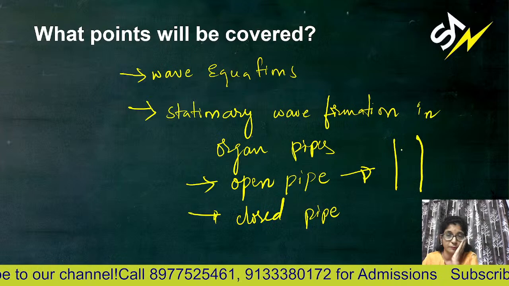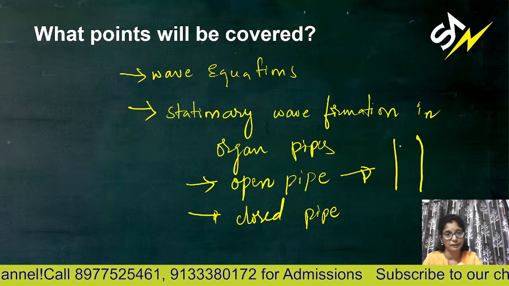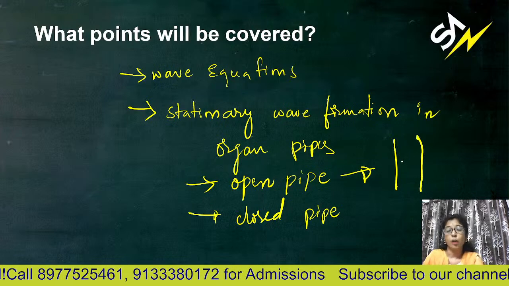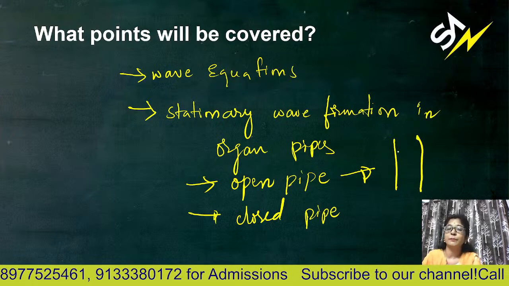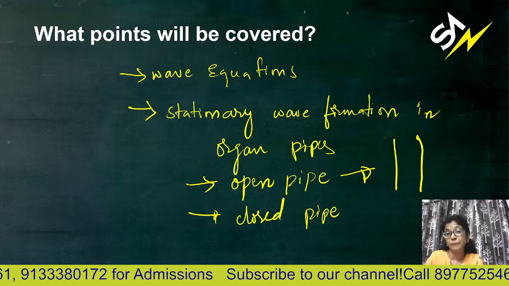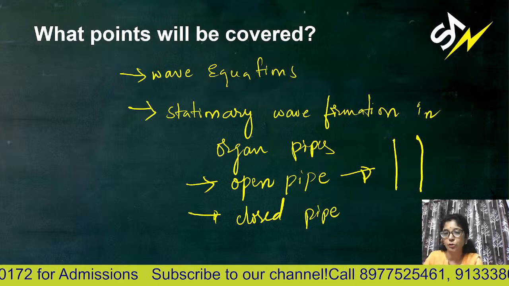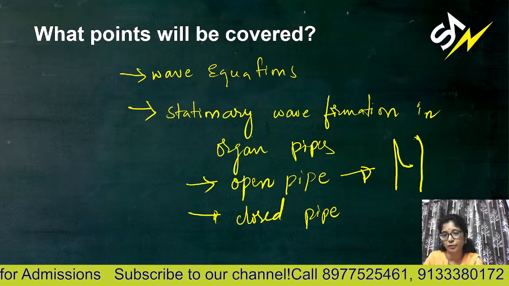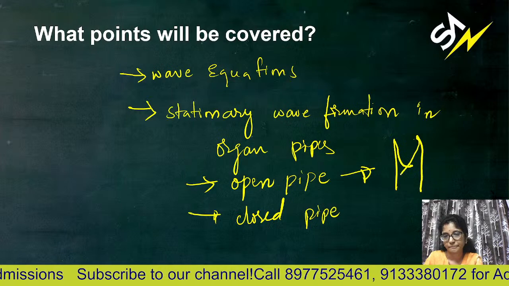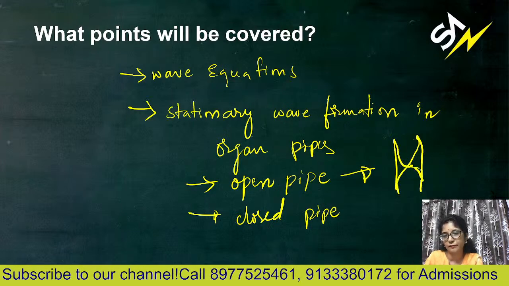One thing to remember is that stationary waves consist of nodes and antinodes. The antinodes are always at the open ends and nodes at the closed ends. In an open pipe, with both ends open, you get antinodes at both ends like this. This is the fundamental.